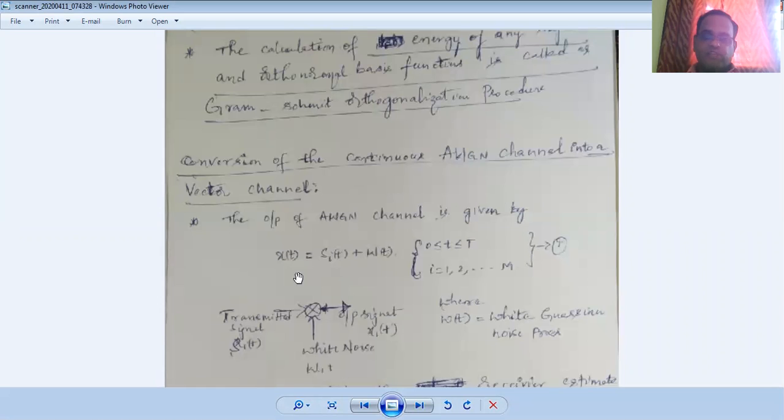So as I mentioned, x of t is equal to si of t plus noise. Si of t is the input, and the noise will be introduced here.